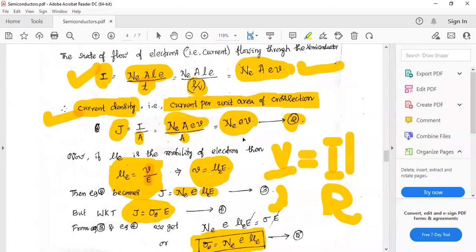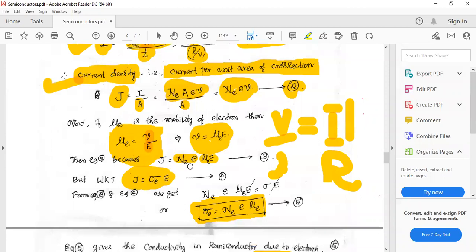Therefore, this drift velocity is given as mu_e into E. In terms of mobility, I can write current density as J is equal to N_e e mu_e E.